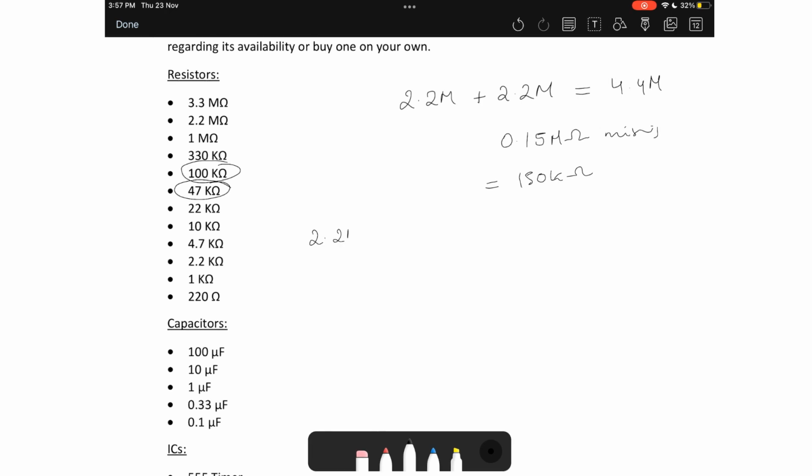So the total resistors I need to make the 4.54 mega ohm are 4 resistors, 2 which are 2.2 mega and 100K, and the other is 47K.